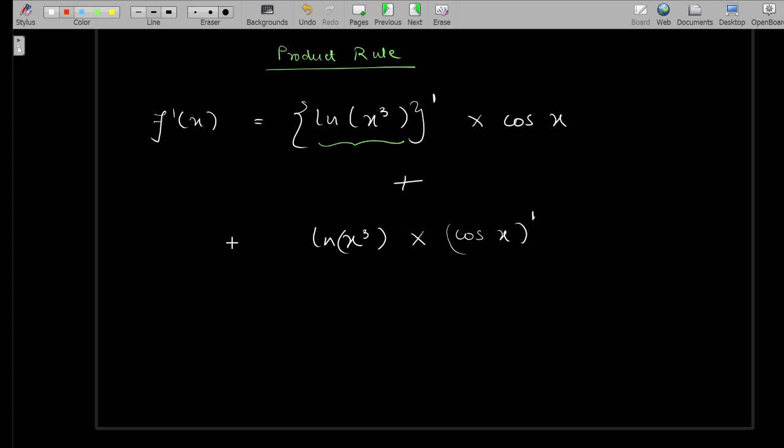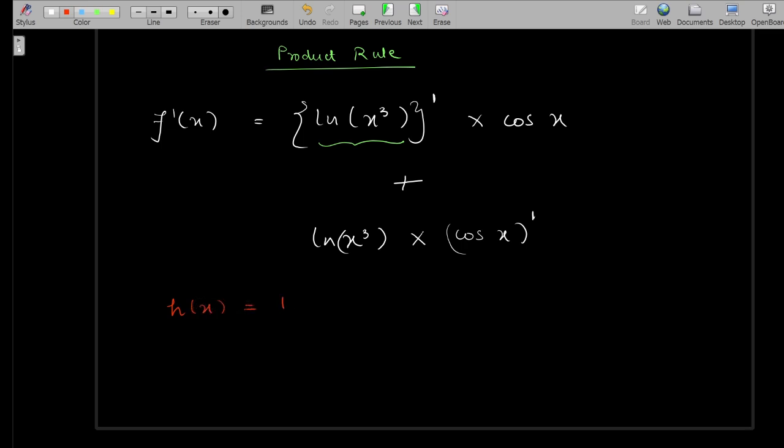Okay, so then that means h of g of x is equal to ln x cubed.